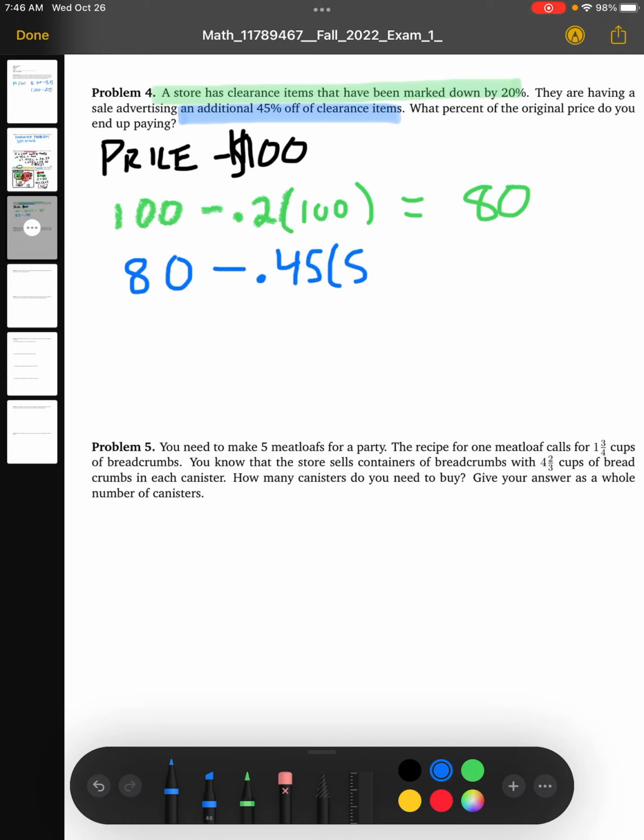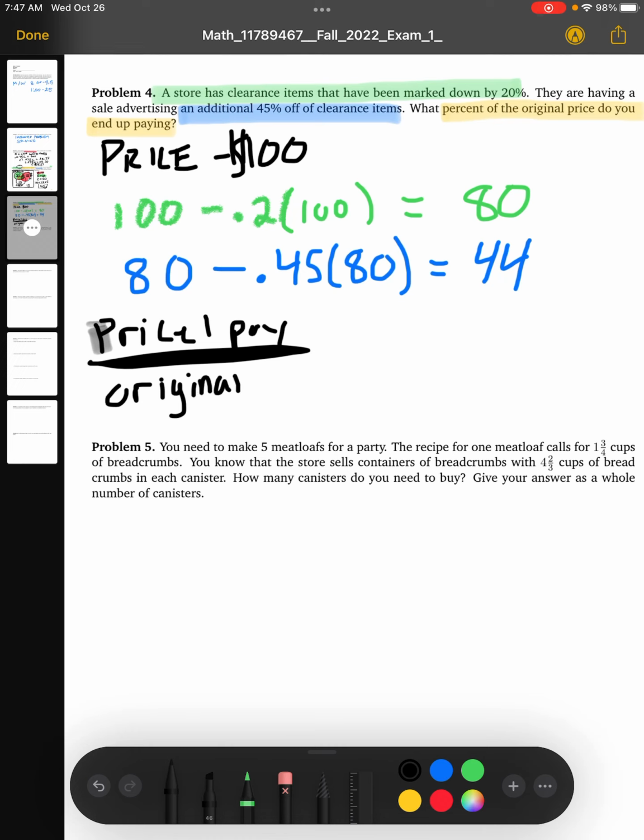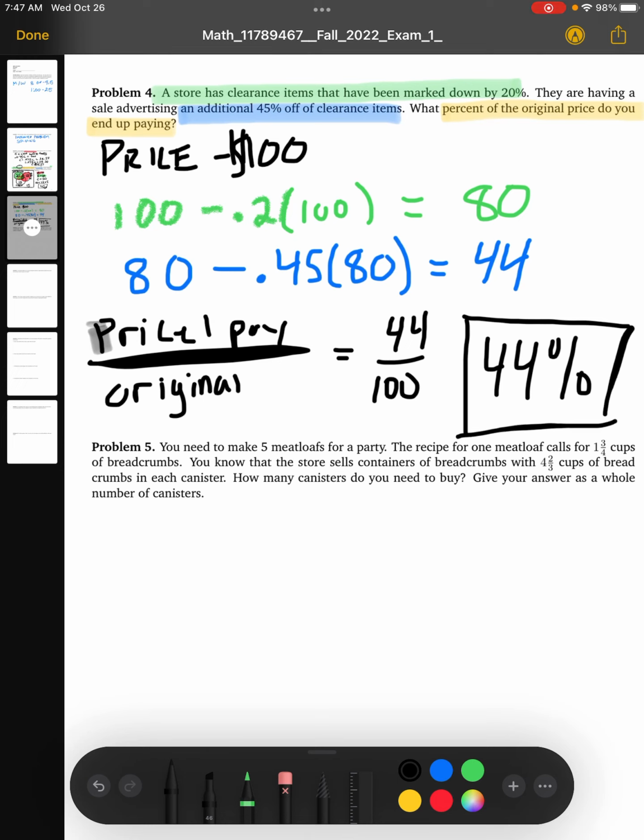So if I take the price that I pay and divide that by the original, that's going to give me my percent. So the price I pay is 44 out of 100, which is the same as 44%. So you end up paying 44% of the price.